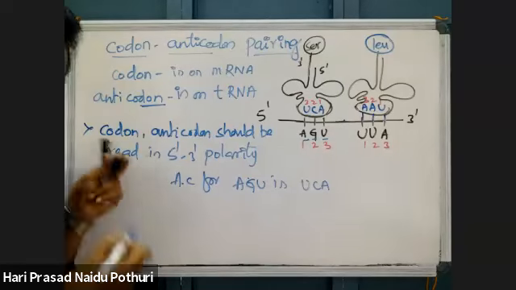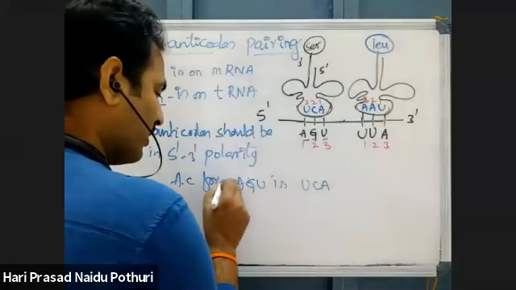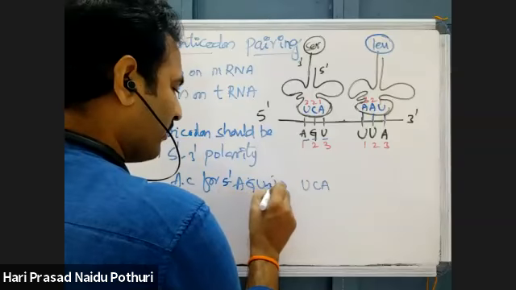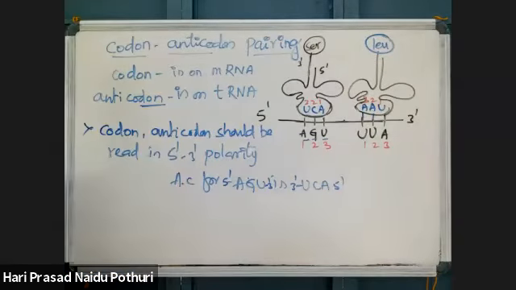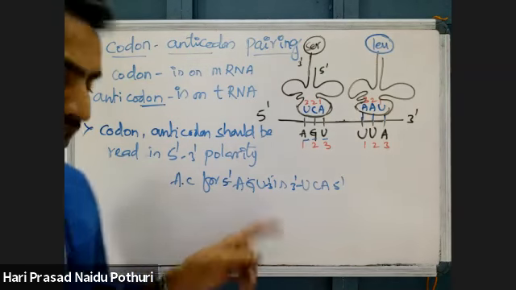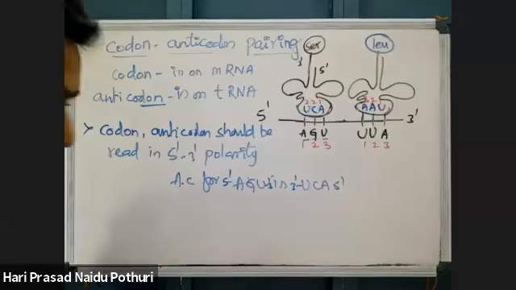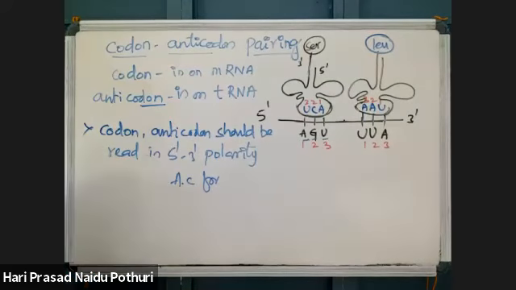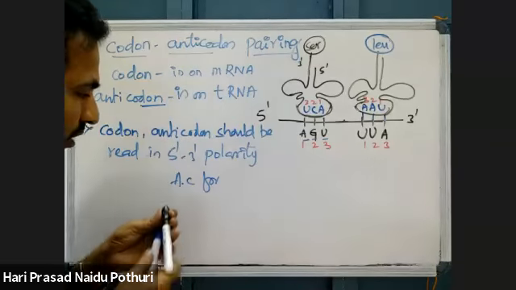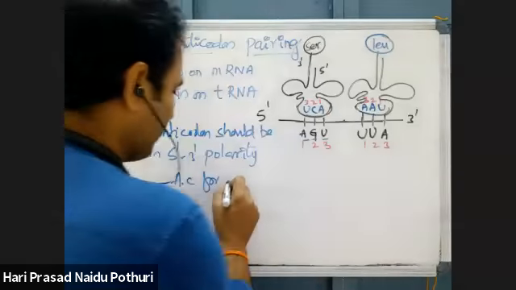That's why, to avoid that confusion, we can use 5 prime, 3 prime, here 3 prime, 5 prime. Then there is no confusion. Usually reading codon and anticodon is confusing because anything should be read in 5 prime to 3 prime polarity only.